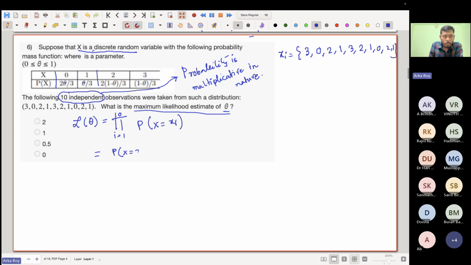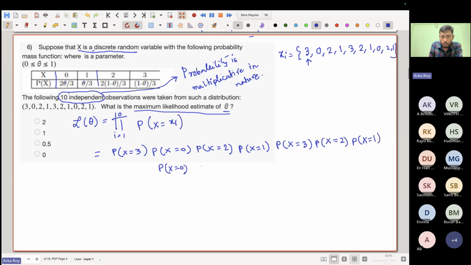P(x equals x1), where x1 is 3, so I can write P(x=3). Then P(x=0), P(x=2), P(x=1), P(x=3), P(x=2), P(x=1), then x equals 0, x equals 2, and x equals 1. All these are in multiplicative form.